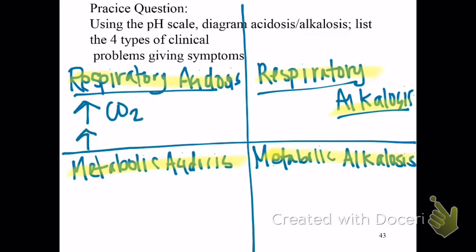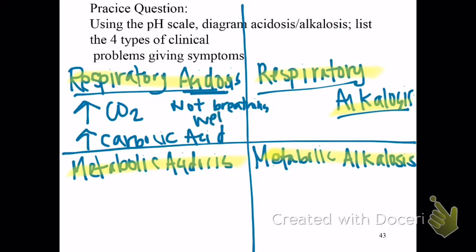You're going to have increased acid, right? Carbonic acid. Okay, so a little side note, the symptoms are not breathing well. My box is too little. There we go. Not breathing well.